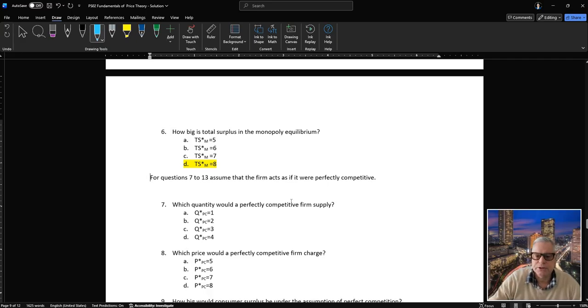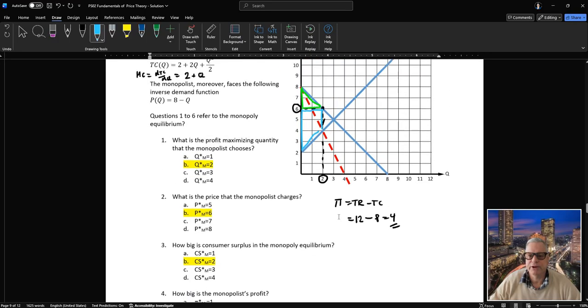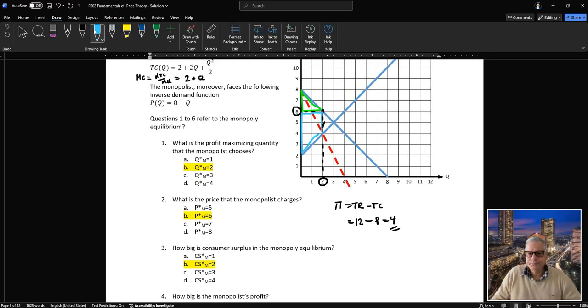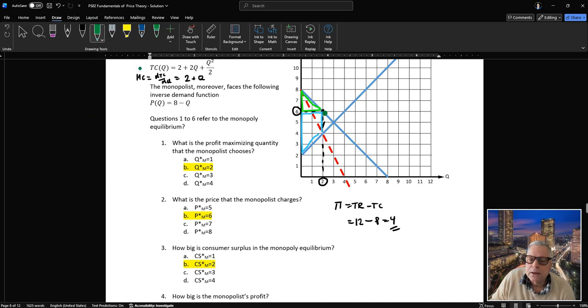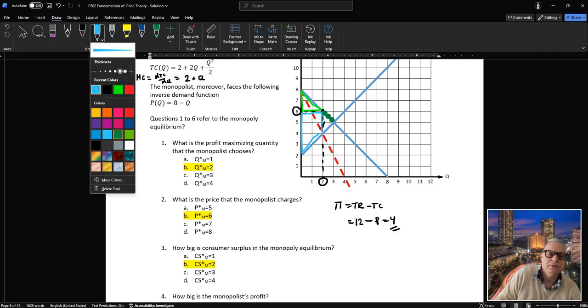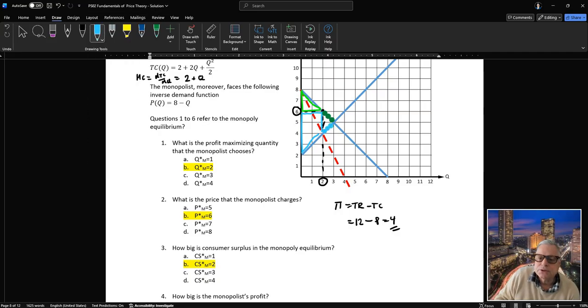So for questions 7 to 13, now assume that the firm acts as if it were a perfectly competitive firm. Well, if the firm were perfectly competitive, then because the monopolist is producing allocatively inefficiently, and allocative inefficiency means that there are still some people whose willingness to pay is actually greater than what it would cost to serve them.